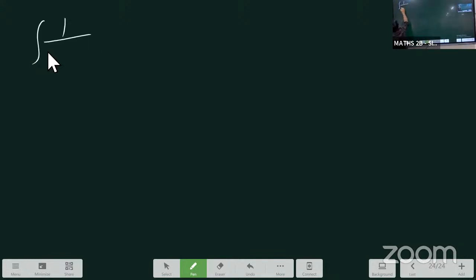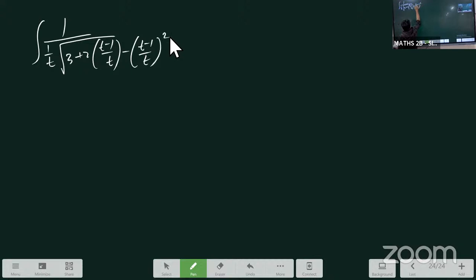Integration of 1 by, this was 1 by t, and under root of 3 plus 2x, x means what I said, (1 minus t) by t, minus x square, that is ((1 minus t) by t) whole square. And this is minus dt by t square, dx also.